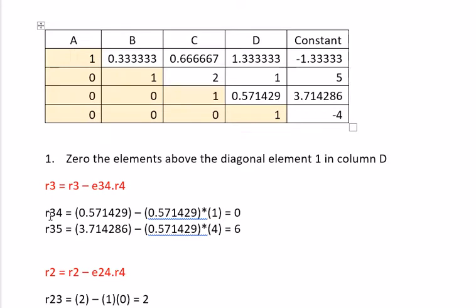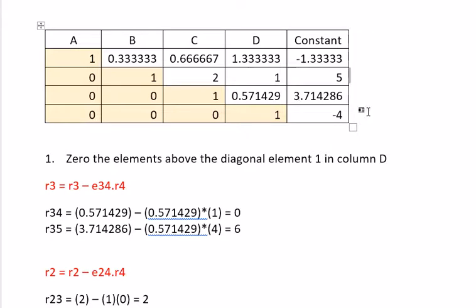So the new value of the element in row 3, column 4 will use this formula: R3, that is 0.571429, minus the element in row 3, column 4, that is 0.571429, times the element in row 4, which is equal to 1. So that will give us 0. And we will also apply this to the succeeding element in the same row.